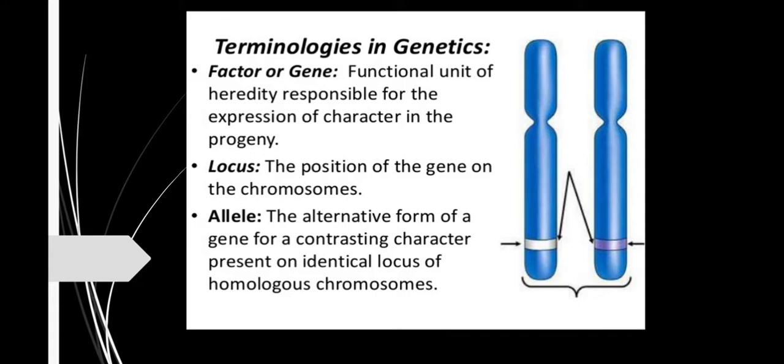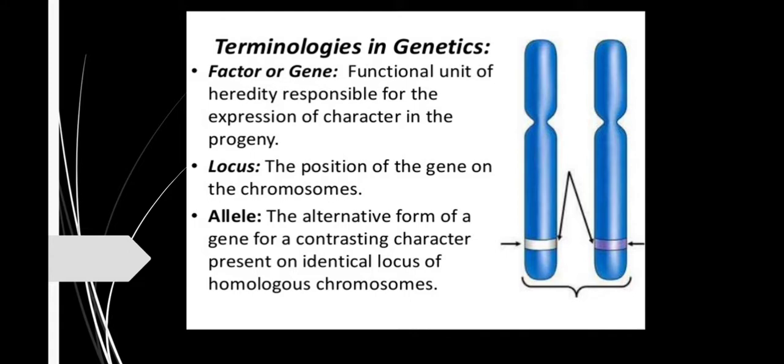Then the third term is an allele, the alternative form of a gene for a contrasting character present on identical locus of homologous chromosomes are called alleles. A character is anything which we inherit from our parent. So alternative forms of character are called traits. If we take character as height or color, then the traits of the character height are dwarf and tall.